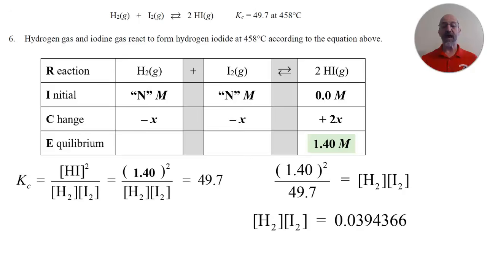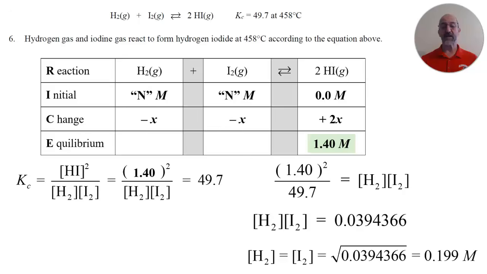All I have to do now is take the square root of this value, and that will give me the concentration of hydrogen as well as the concentration of iodine at equilibrium. The square root of that number gives me 0.199. So now I will fill in the final row of my RICE table with concentrations of 0.199 molar for both hydrogen and iodine.